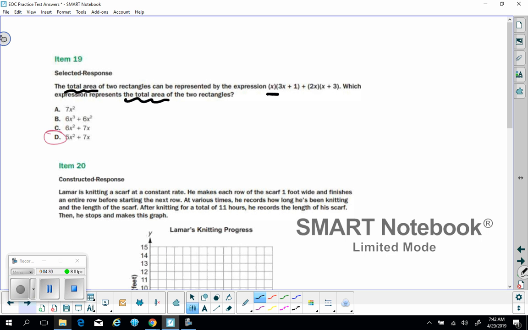So if you type this first really long one into table, good? What do we get?